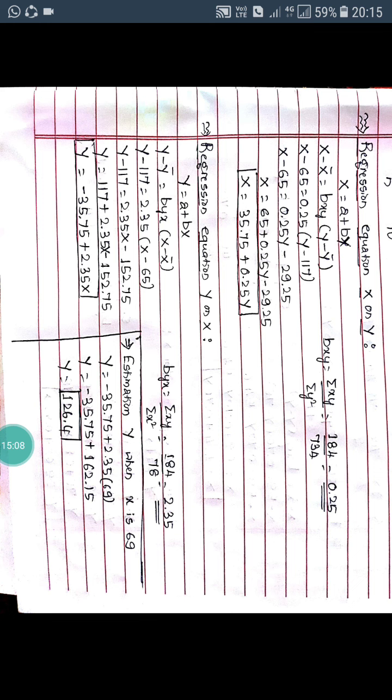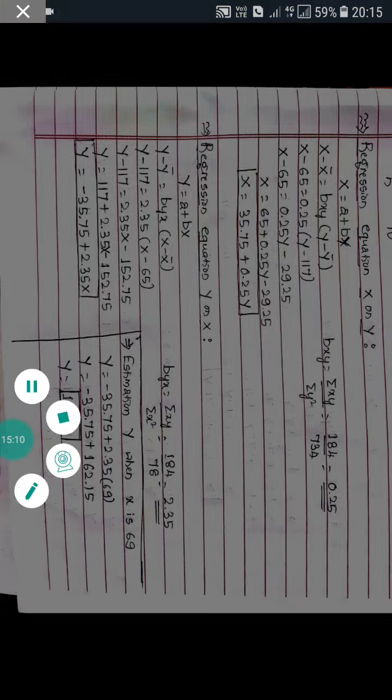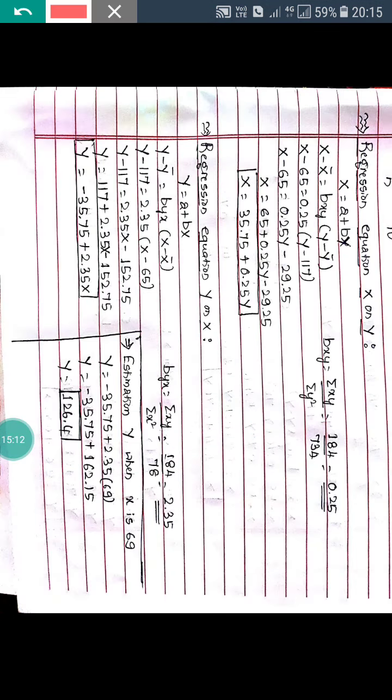Next, x put same, minus 65 also put same. Now if bracket is there, you should multiply 0.25 into y, 0.25y, plus into minus, minus 0.25 into 117, 29.25.